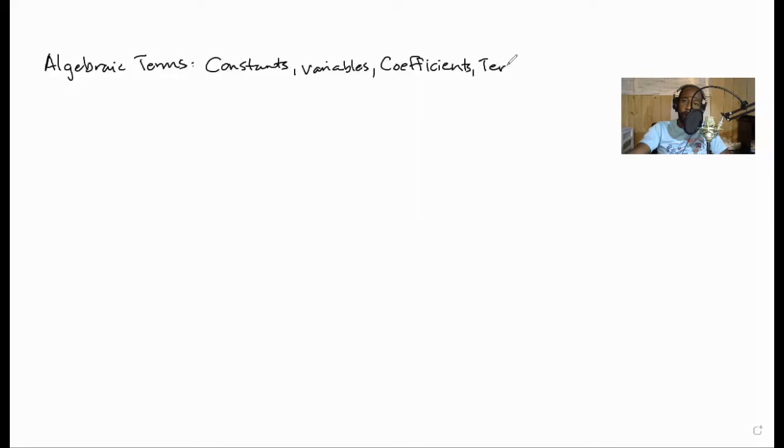So terms, expressions, and equations. So that's a whole lot, I know, but you'll see it's really not that bad. We can talk about all this looking at this simple, essentially an equation here.